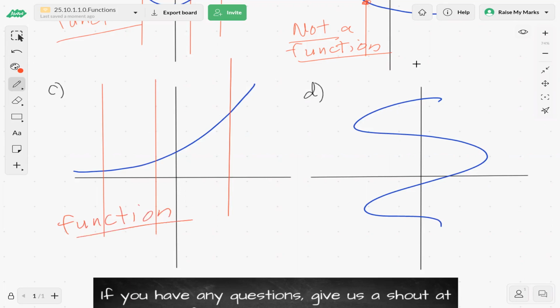And finally, part D, we have again a graph of some mapping. If we draw a vertical line right there, we notice that it intersects our curve definitely more than one time. So this is not a function.